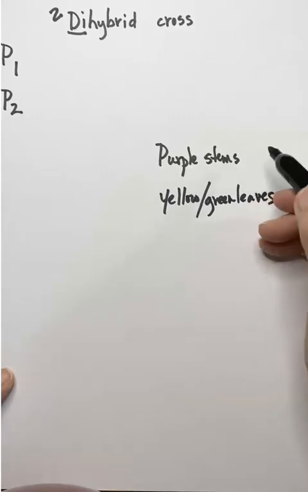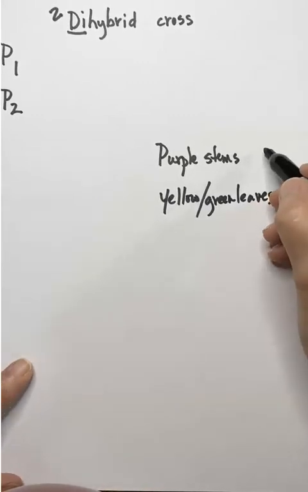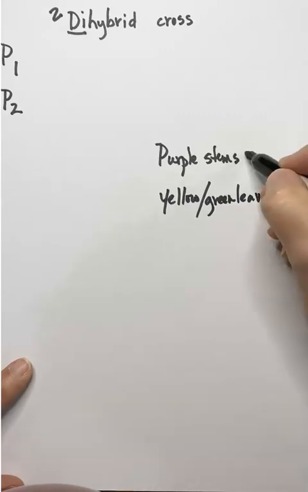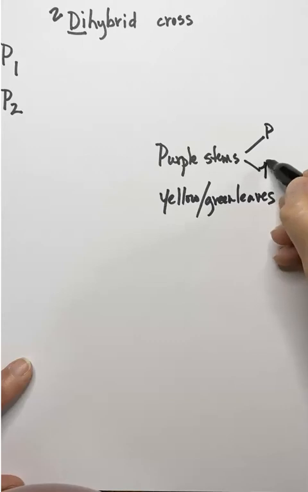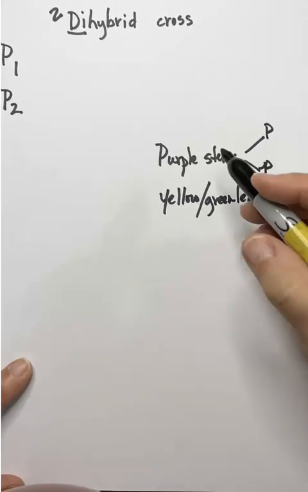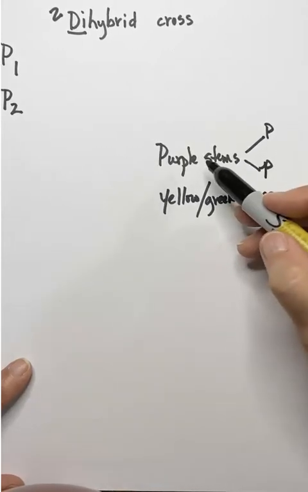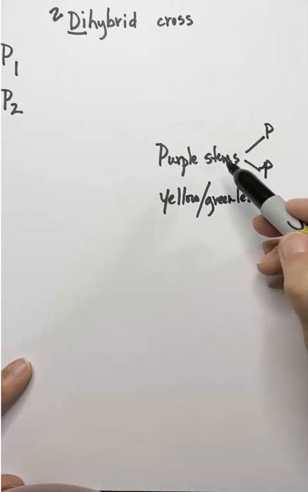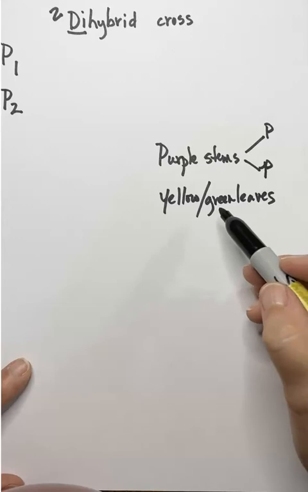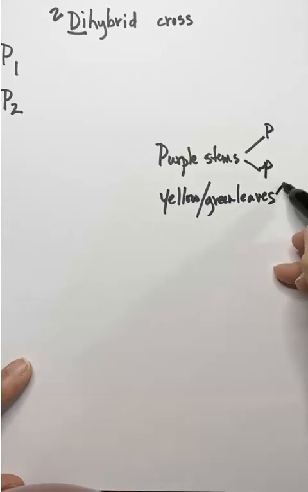So for purple stems, we're going to represent this by P's. A capital P and a lowercase p. And so you're either going to have purple stems or white stems. But we're going to represent that with P's because that's the color of the stems. Then we have yellow-green leaves. Let's represent this with Y's.